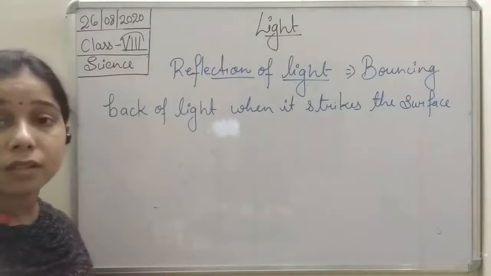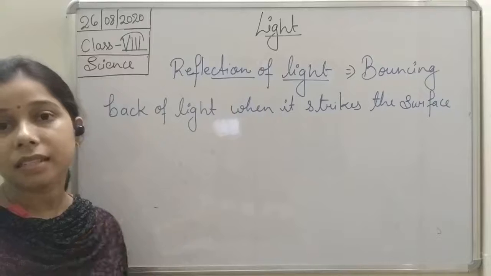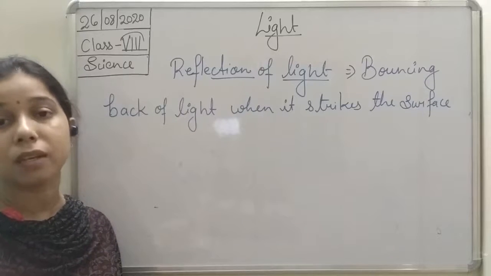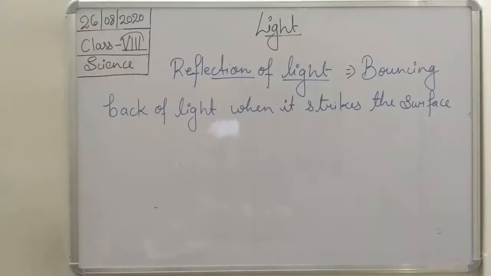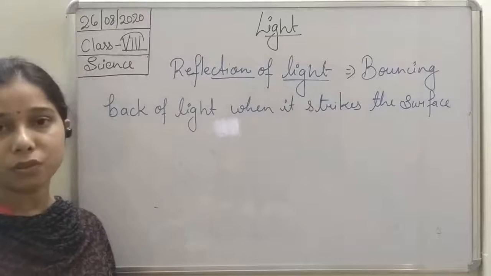When it strikes a smooth surface, it gets bounced back in the other direction, and such a process, such a phenomenon, is known as the reflection of light. So when light gets reflected, we call it the reflection of light, students.